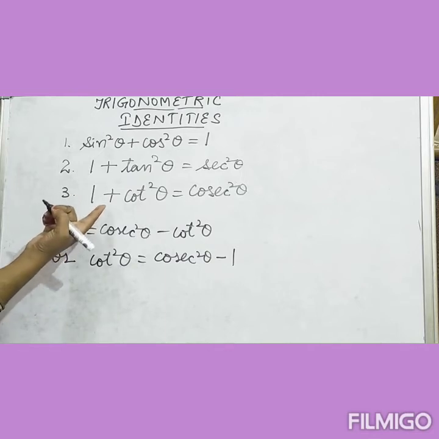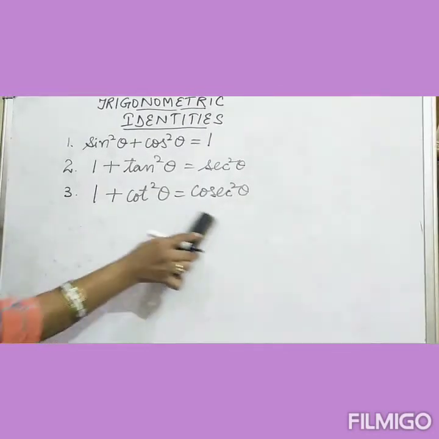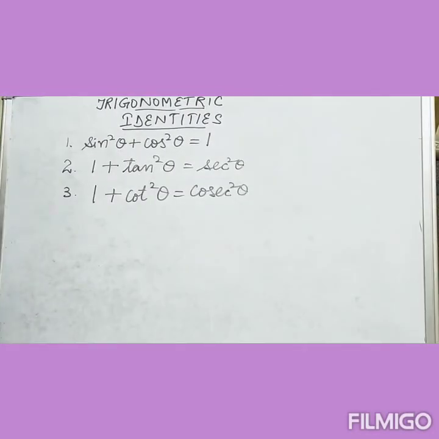So you can write it in any way. So this is the third identity. So after these three identities, you can do your exercise 8.4 easily.